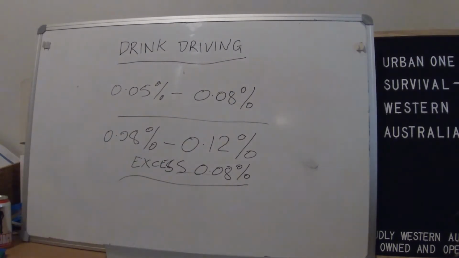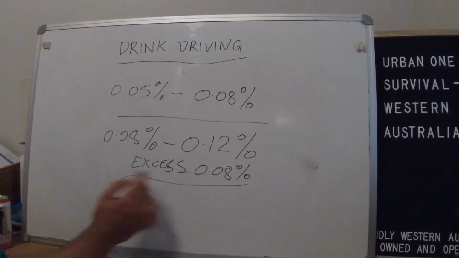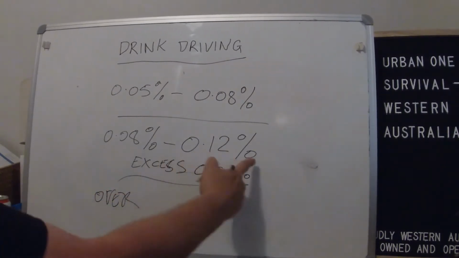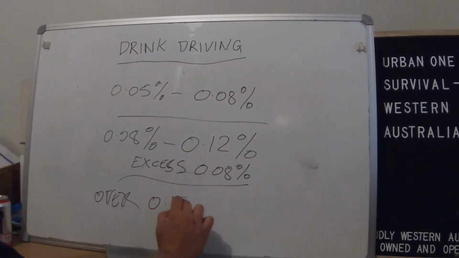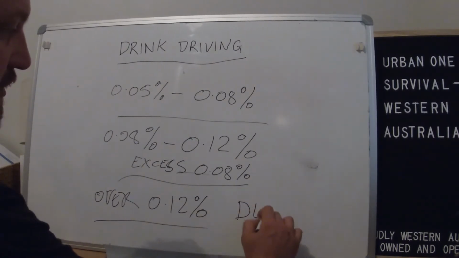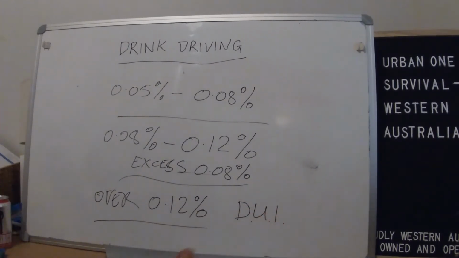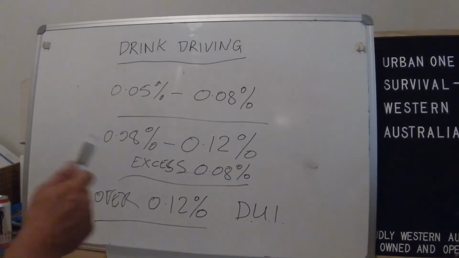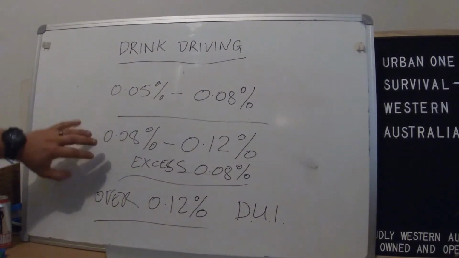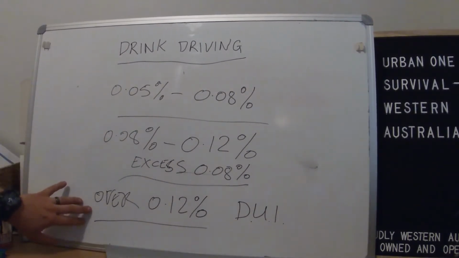It's always the same. Then you have over 0.12% alcohol. That is DUI in Western Australia, driving under the influence of alcohol. In some places they will say that's low range, mid range, high range drink driving.